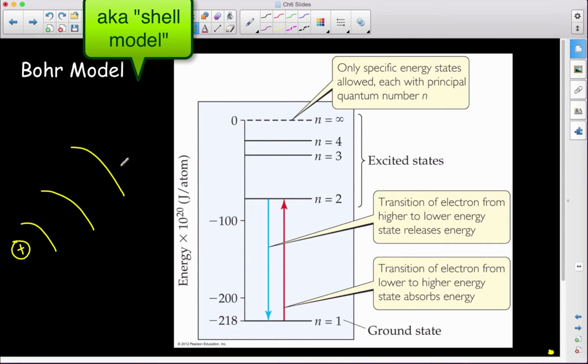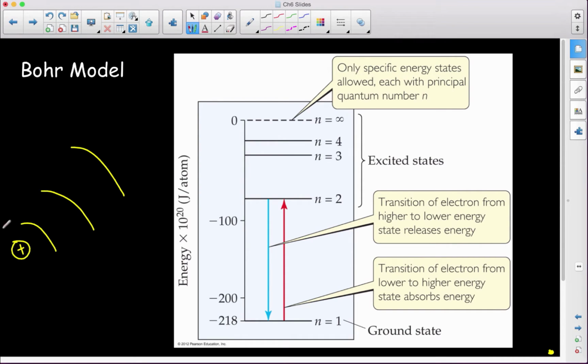So we have these orbits or shells, and electrons exist on those, and they sort of move in a circular orbit, okay. Thinking again back to last year, what that means is that if we have a given electron here, it can absorb some energy. It will absorb a photon. So this is absorbing a photon, where a photon is what again?